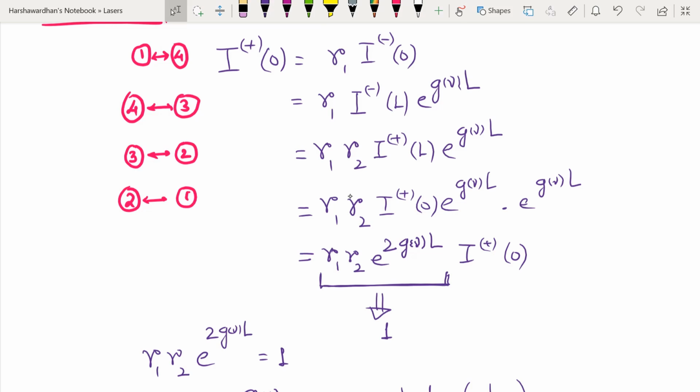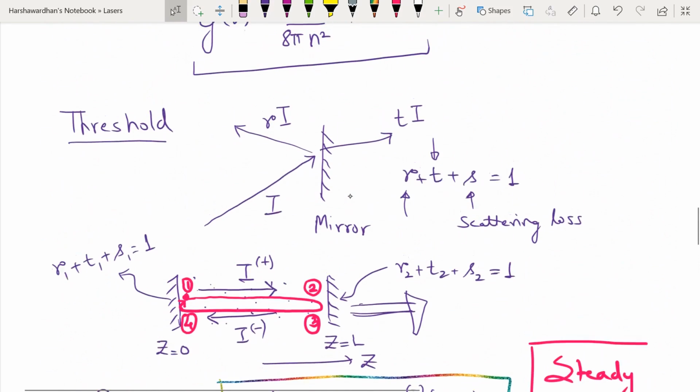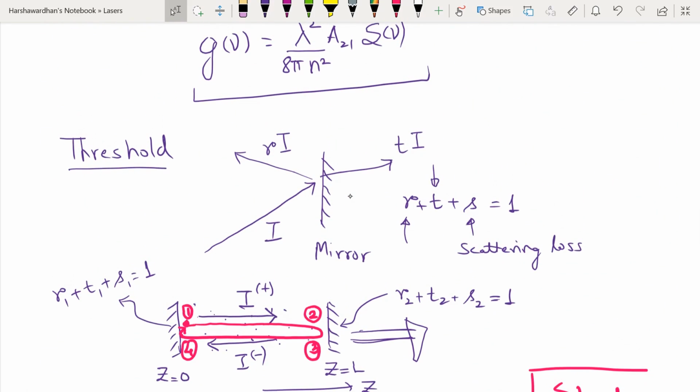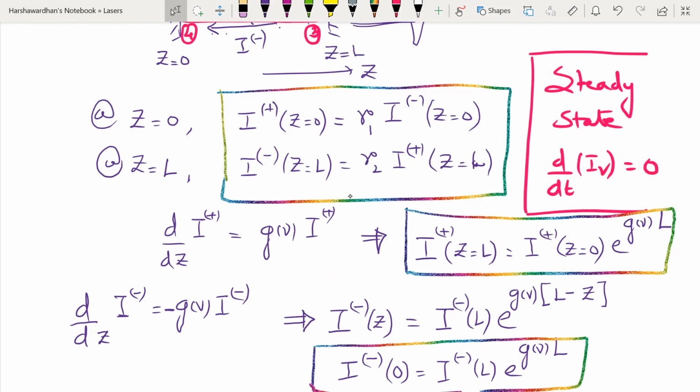And what determines that value is basically 1 minus R. By the way, 1 minus R, if you look at it in form of our energy conservation relationship, is simply T plus S. So imagine the scattering losses are less, then it is the transmission. 1 minus R is essentially largely dominated by transmission of light, which is the output. And hence, that loss determines my threshold.